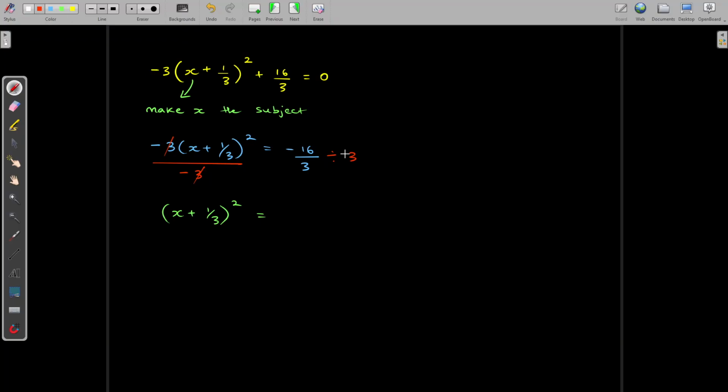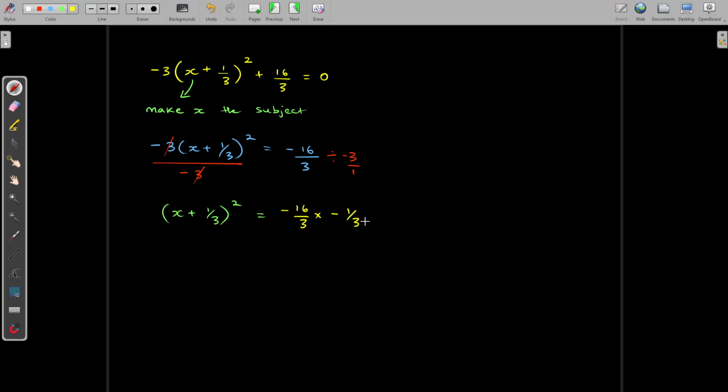So when we divide by the negative 3 over on this side, let me use a different color, it's negative 16 over 3. So we're dividing, so we know we're going to be doing the keep change flip. So the 3 comes down to the denominator position.